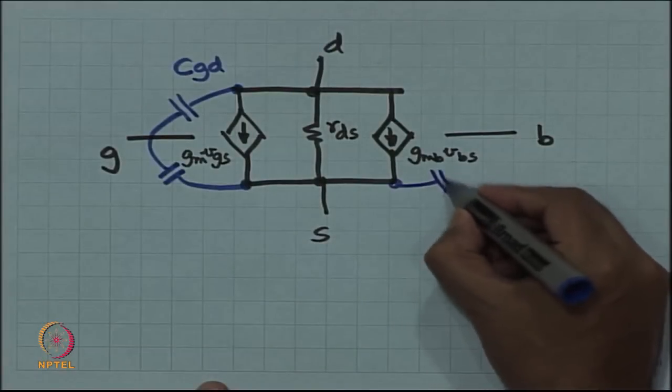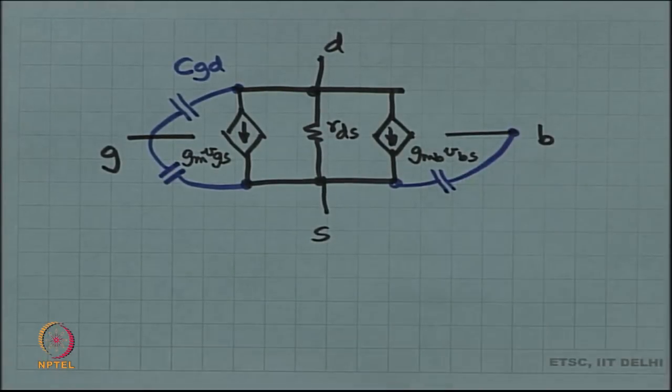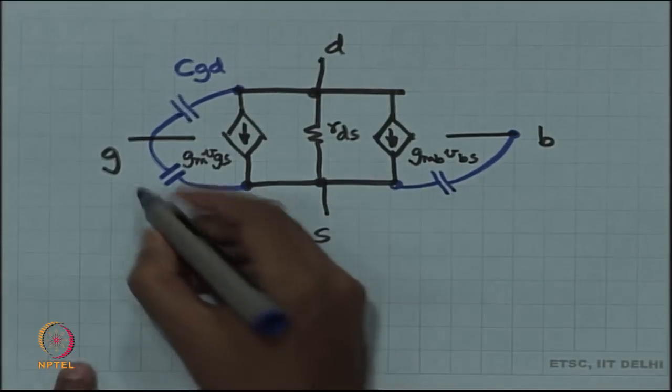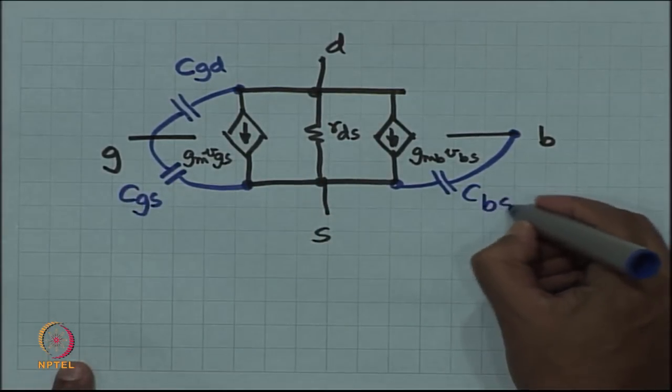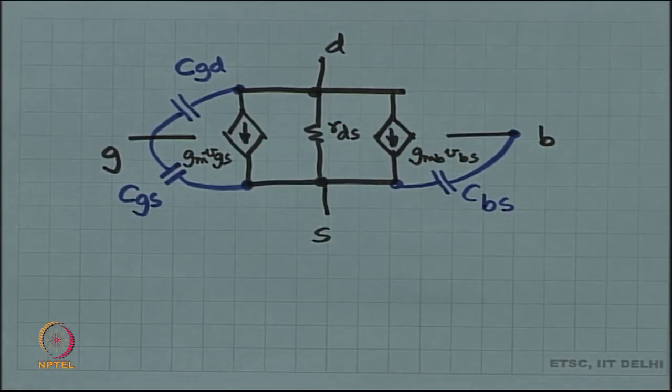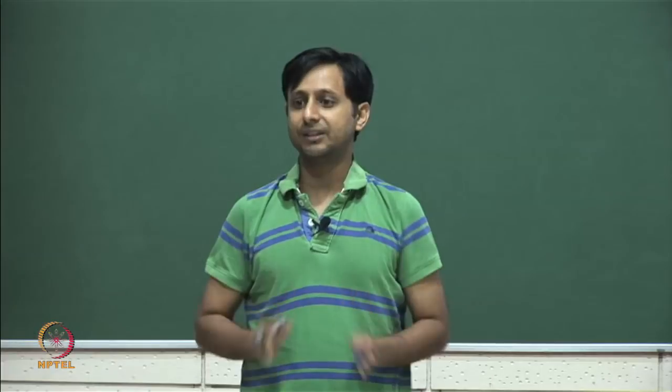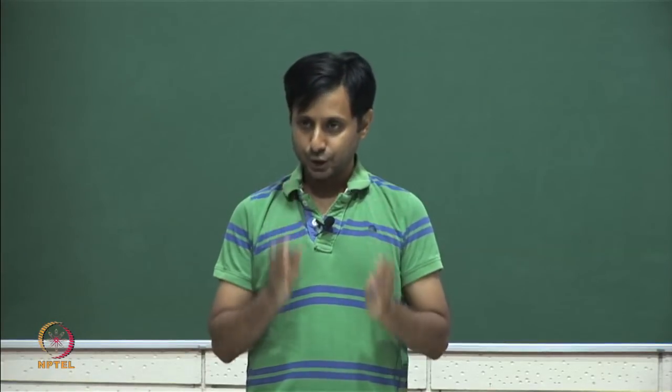Then you have got CBS, and CBS comprises of junction capacitance between body and source, okay, and this is dependent on the bias voltages of the source and the body. So, if body and source are at equal voltage, then you get only the zero bias depletion width.